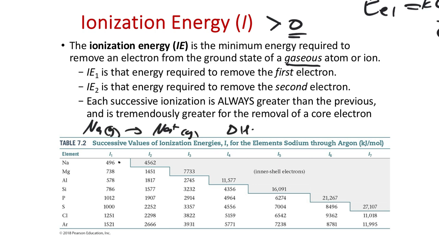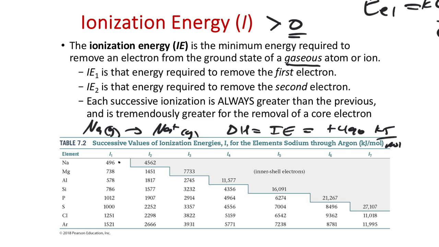So the delta H of that process defines the ionization energy, which would be plus 496 kJ per mole times 1 mole, so 496 kilojoules to ionize a mole of gaseous sodium atoms to gaseous sodium plus cations.